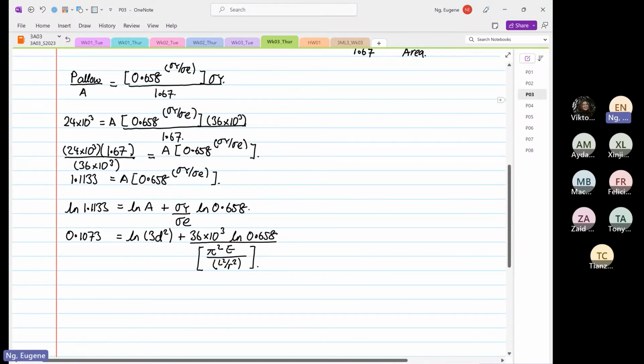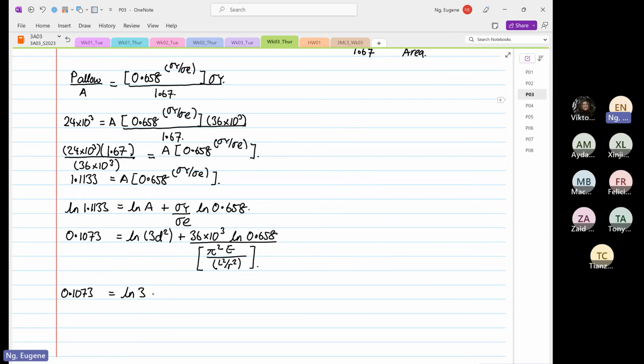Right. So from here, the left-hand side is equal to 0.1073. Natural log 3dn, so we can split this out as natural log 3 plus 2 natural log d, plus 36 times 10 to the power 3 divided by pi squared.